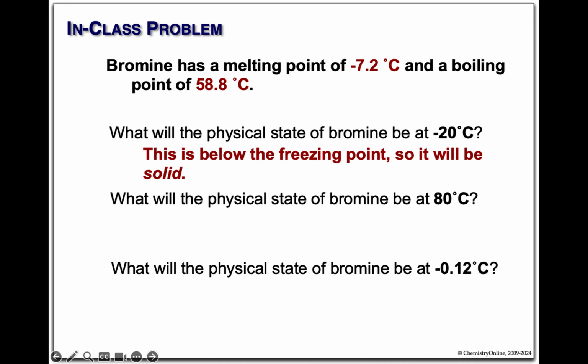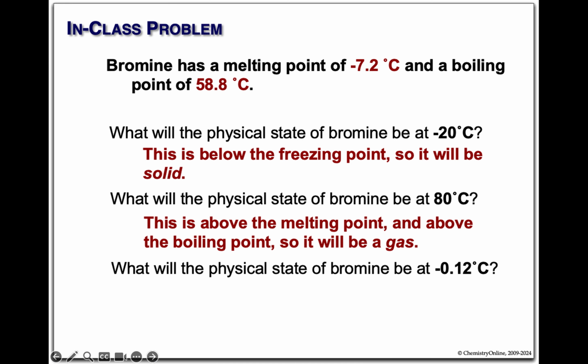At 80, it boils at about 59. If we're all the way up at 80, we're in the gas phase, aren't we? It's already boiled. At around 0, -0.12, well, it doesn't freeze until -7. So this means we must be a liquid.